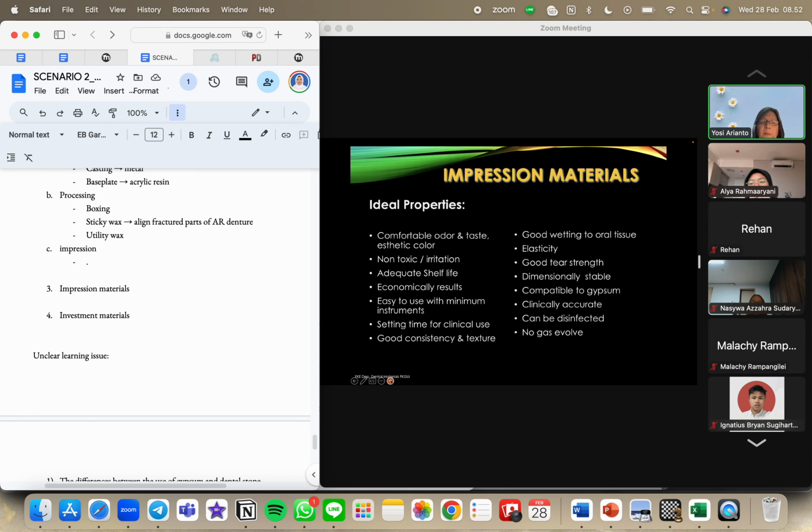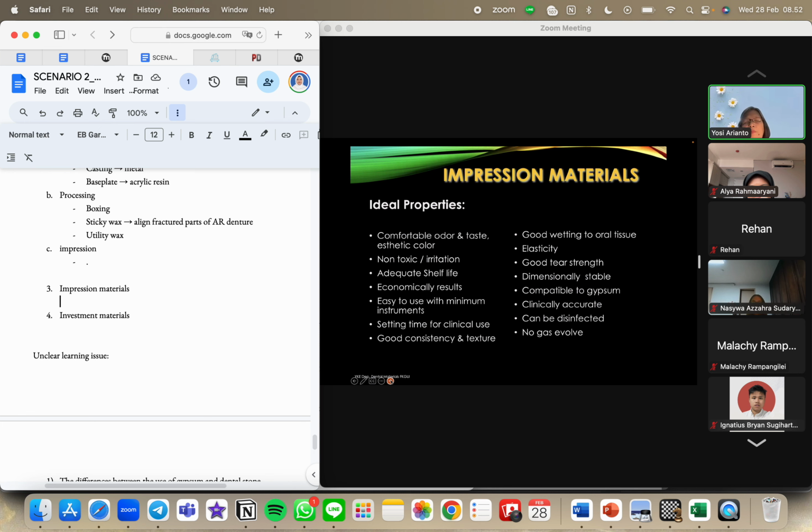And economically, not too expensive, and easy to use. Setting time: adequate setting time for clinical use.